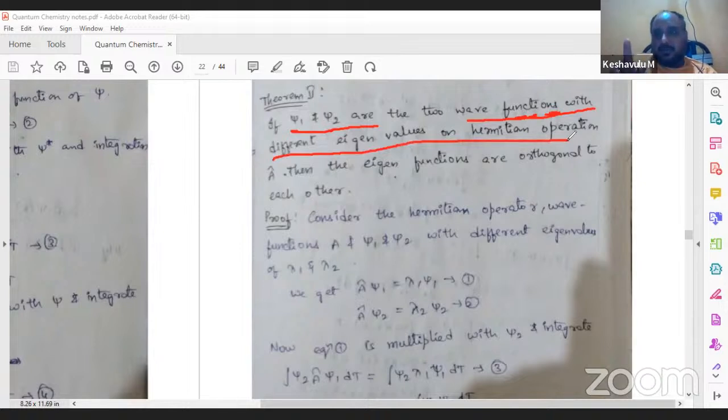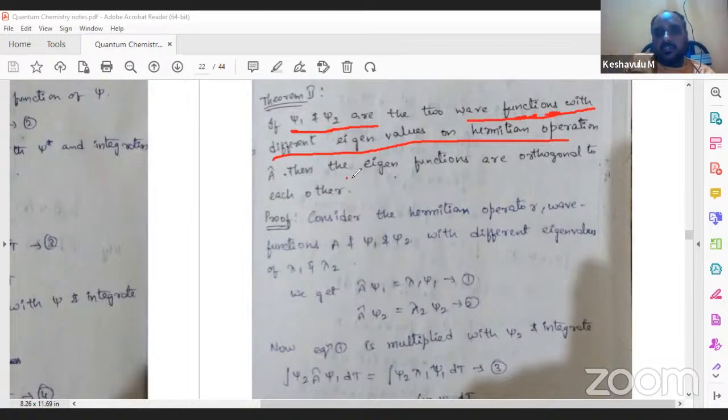The operator is the Hermitian operator only, but two functions are there with two different eigenvalues. Whenever the operator operates on two functions with different eigenvalues, the two functions must be orthogonal to each other.